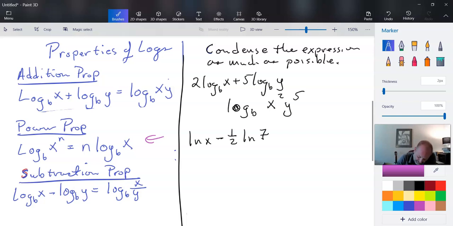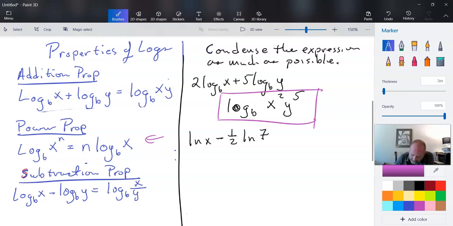And that's our final answer. It's really that straightforward. Just put the exponent where it goes. Anything that's being added, you turn into multiplication in the numerator. Anything subtracted goes into the denominator.